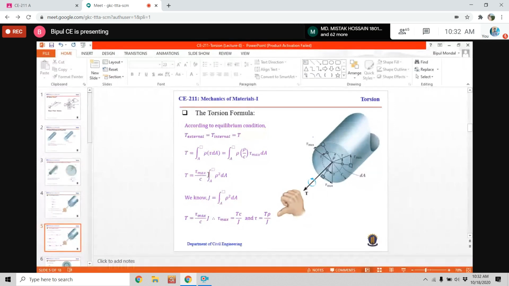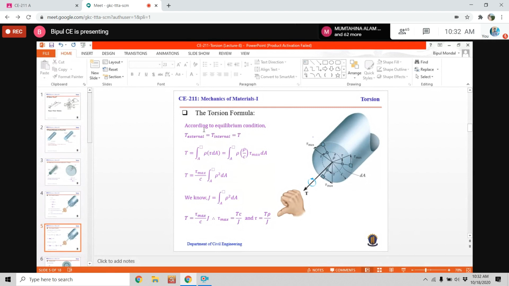So we can say this is J. That means T will be tau max times J divided by C. After rearranging, this is the expression for maximum shearing stress, and this one is the expression of shearing stress at any distance rho from the center.